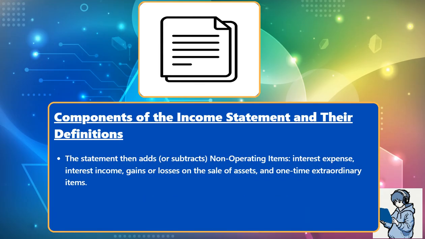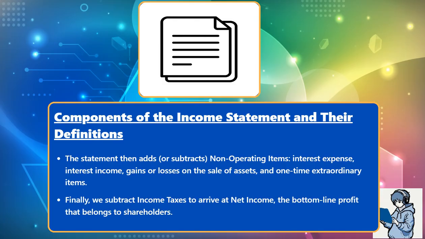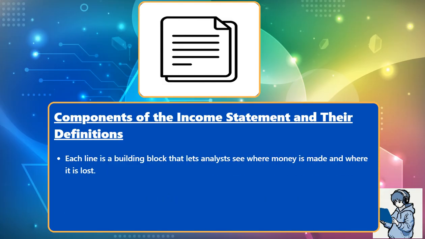The statement then adds or subtracts non-operating items, interest expense, interest income, gains or losses on the sale of assets, and one-time extraordinary items. Finally, we subtract income taxes to arrive at net income, the bottom line profit that belongs to shareholders.